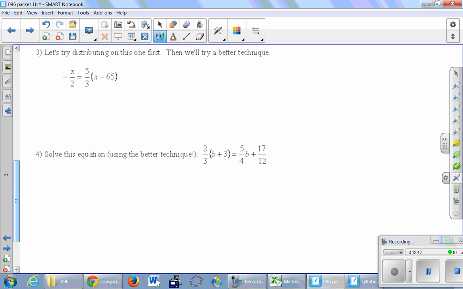The left-hand denominator is a 2. The right-hand denominator is a 3. What's the lowest common denominator for those 2 fractions? It's a 6, right? Folks know that a 6 is what 2 and 3 both go into. So here's what we're going to do. Instead of making a common denominator of 6, we're going to multiply both sides by 6.